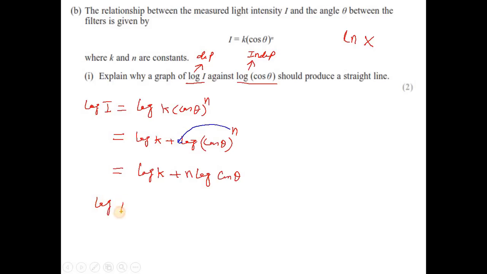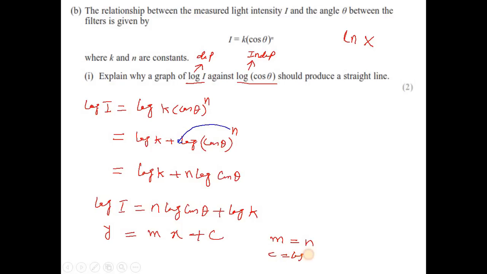So log of I is equal to n log of cos theta plus log of k. So you can say that y is equal to mx plus c, where m is the gradient, which is n, and c, the y-intercept, is log of k. That's why we have a straight line. I did this derivation in quite detail for every step, but you can skip these if you know how to solve logarithmic equations.